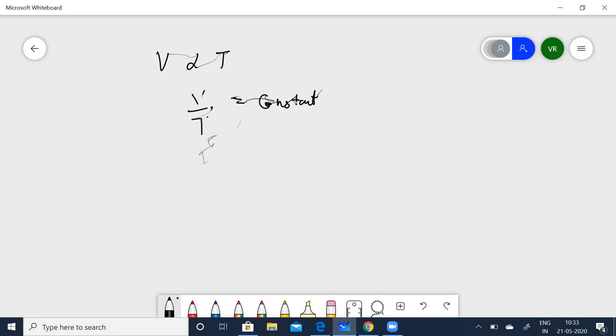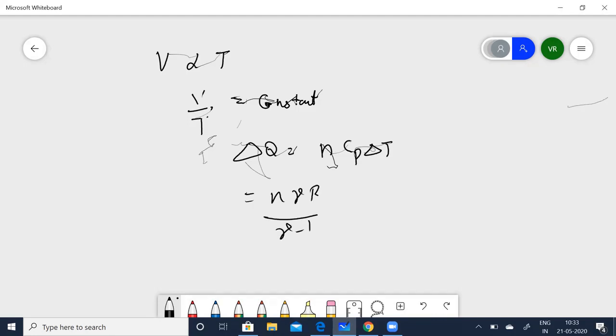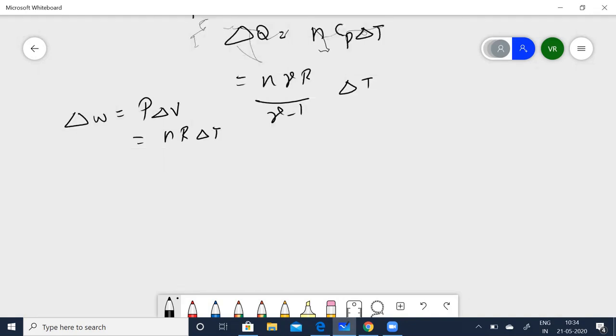Delta Q is equal to n Cp delta T, which is equal to n gamma R by gamma minus 1 into delta T. Now you know delta W is equal to P delta V, where P is the pressure and delta V is the change in volume, and that is equal to nR delta T. Now divide one by the other.